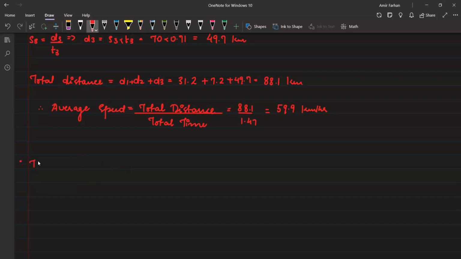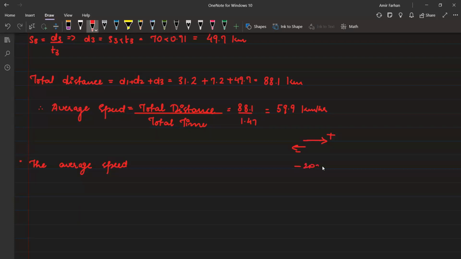The velocity can also be negative, meanwhile speed cannot, because velocity is a vector quantity and the negative sign shows direction. Suppose I take this direction as positive for velocity or displacement; then the opposite direction will be negative.